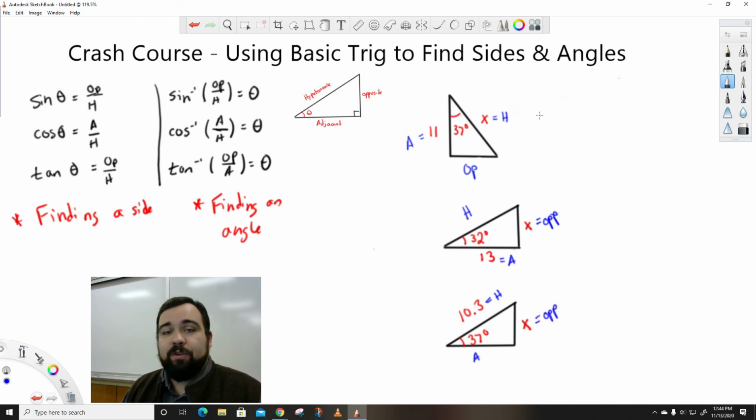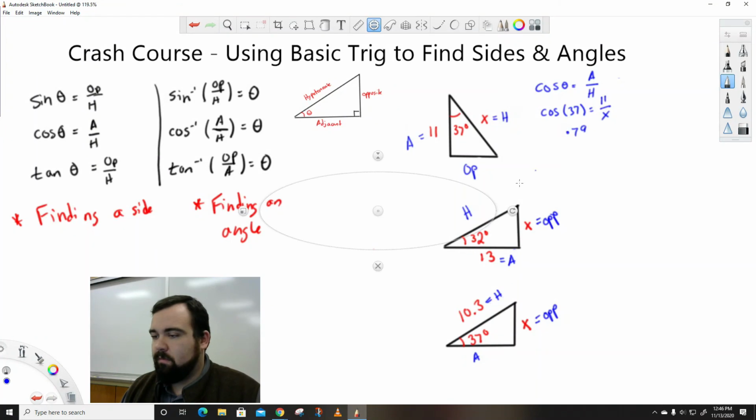So now we need to determine which trig functions we're going to use. Since we have adjacent and we're looking for the hypotenuse, we're going to go with a cosine function. Now for the next one down, we have the adjacent side and we're looking for the opposite side, so that means we're going to want to use tan.